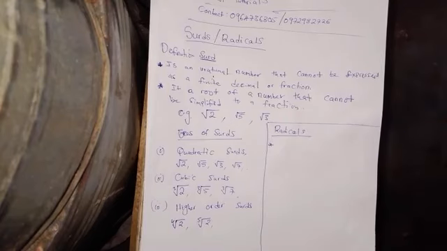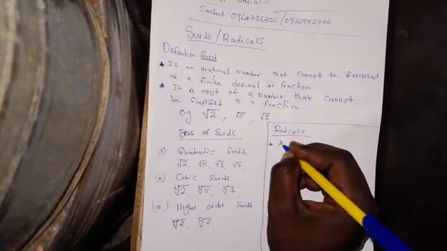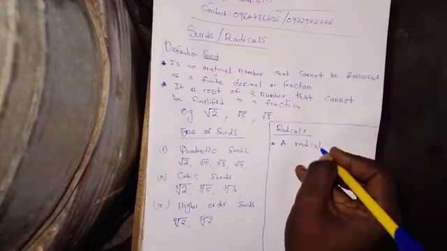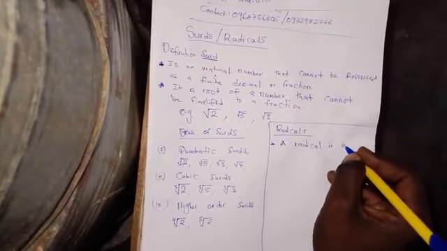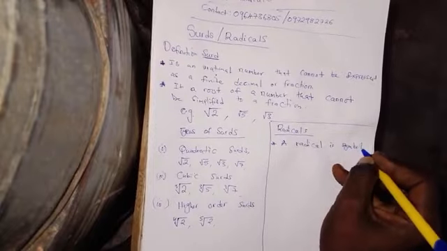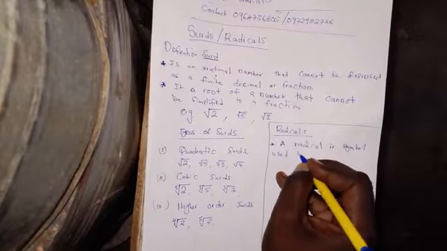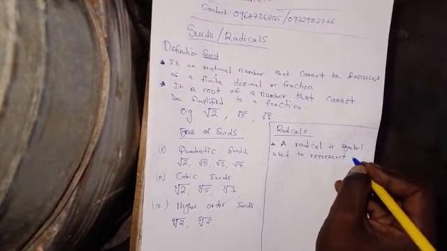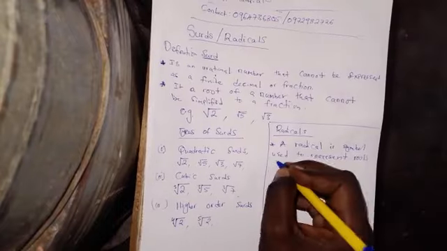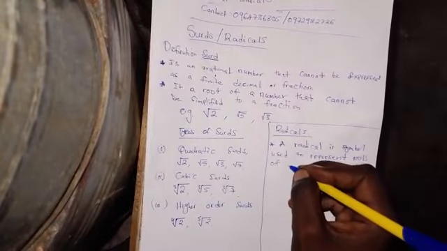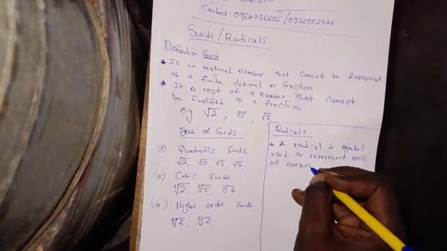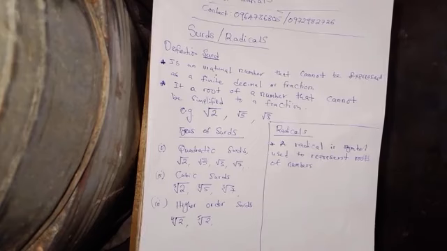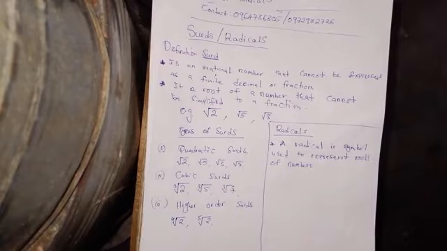A radical is simply a symbol used to represent roots of numbers. When you hear the word radical, we're just talking about a symbol used to represent roots of numbers.